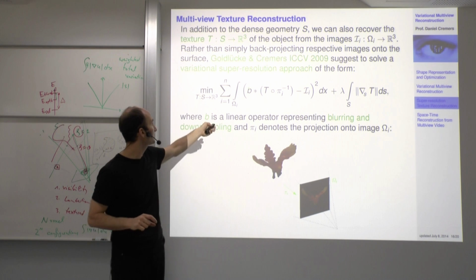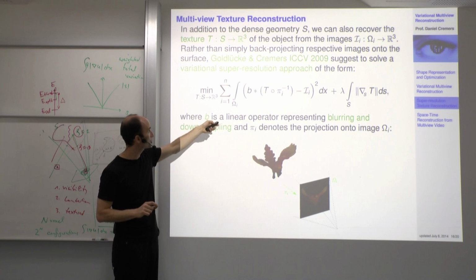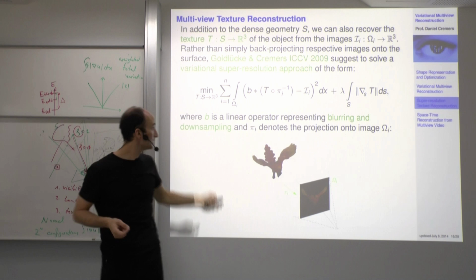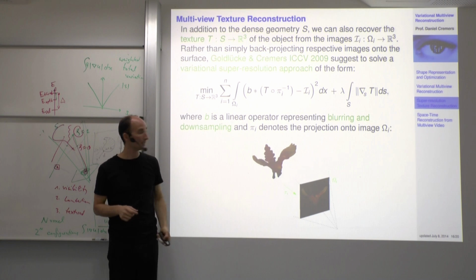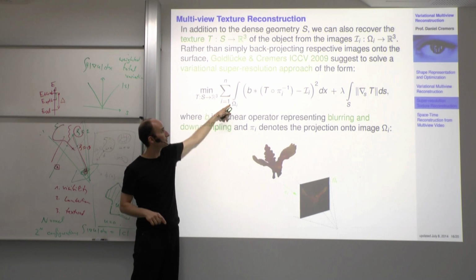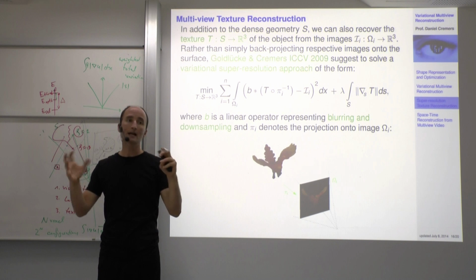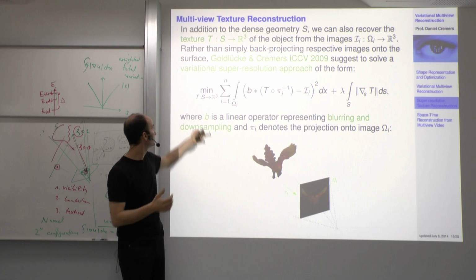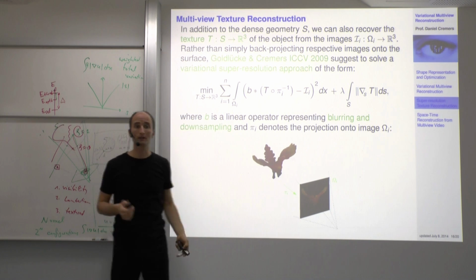And I can model that process of blurring and downsampling and say, find a sharp texture such that once I blur and downsample it, it matches the observations in the least squares sense that we have here, for all pixels in each image and for all images, right? And so I have one single cost function defined for the entire texturing of the object, such that the texturing is optimal for all these images.